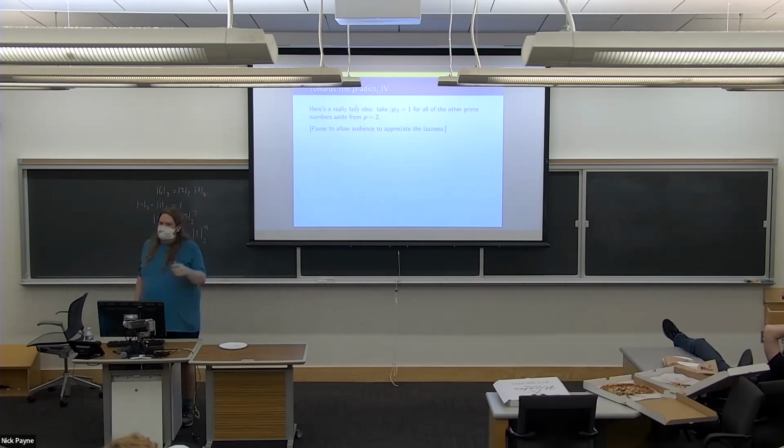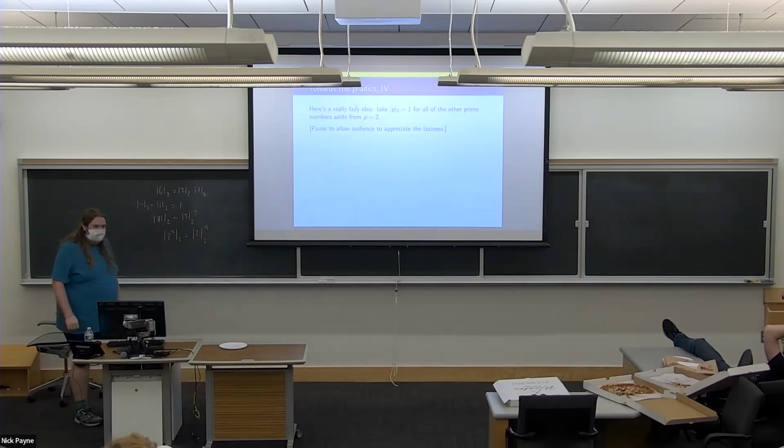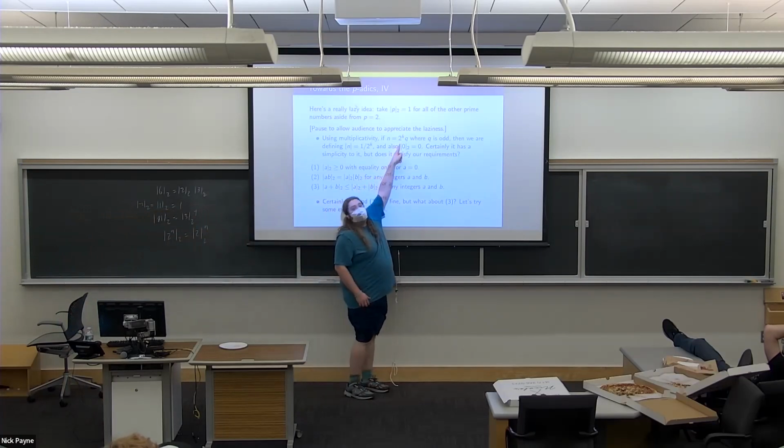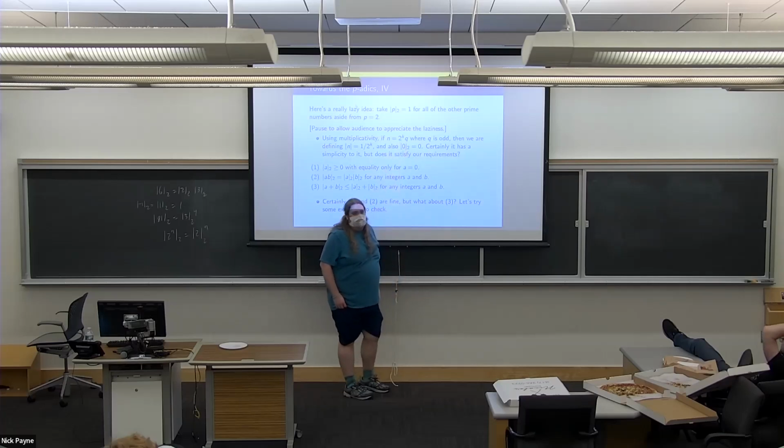Okay, so what I do is I declare that the absolute value of 2 is 1/2, and the absolute value of every other prime is 1. And so that completely determines what the absolute value of every other integer has to be. I could just write it out in terms of the prime factorization. What I do is I just take out the power of 2 from my integer and write it as a power of 2 times an odd number.